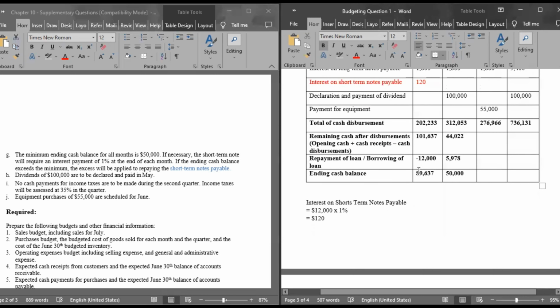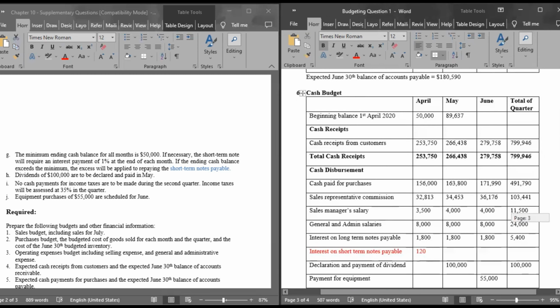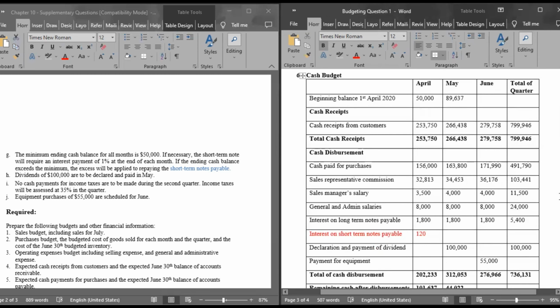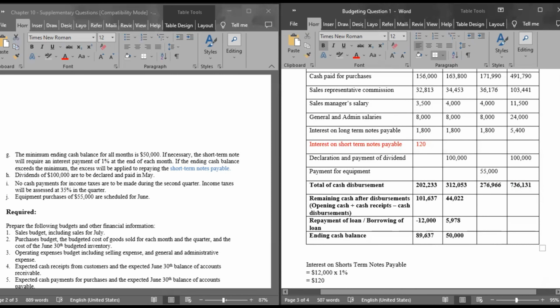Now we will recalculate remaining cash. We just add 50,000 to 253,750, and subtract this cash disbursement 202,233.